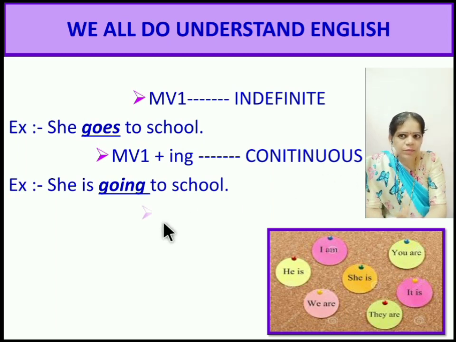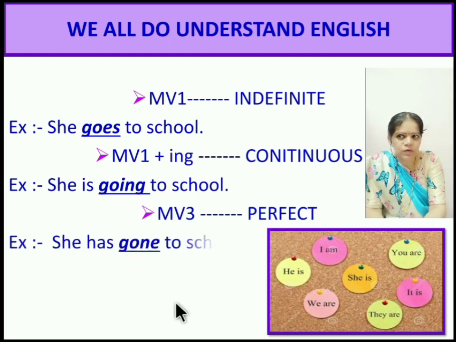MV3 is the perfect tense. When you see MV3, the third form of verb, that is the participle form of the verb, it does indicate that it is a perfect tense. Maybe of which type? Maybe past, present or future. For example, here you've got she has gone to school. She has gone. So gone, gone.